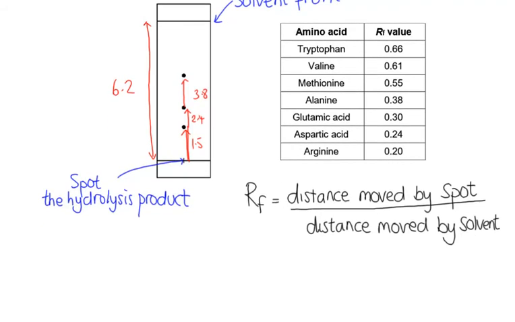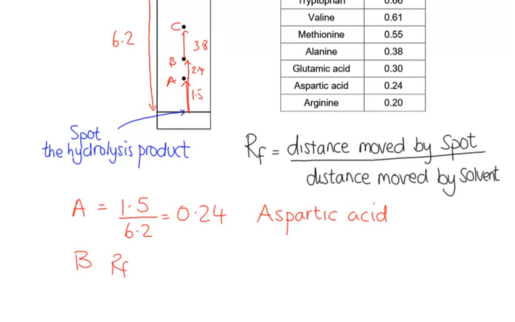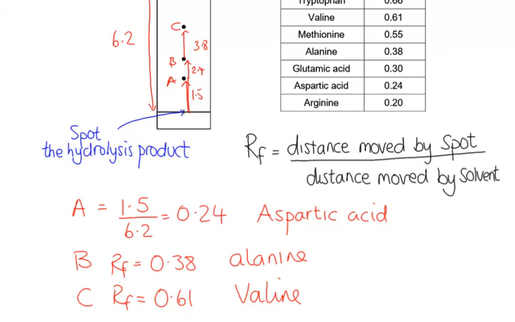So you can work out A, B, C. 1.5 over 6.2, which is 0.24. So it was aspartic acid. And similarly, you would hopefully have found out that B had an RF value of 0.38. So alanine, and C had an RF value of 0.61. So valine.